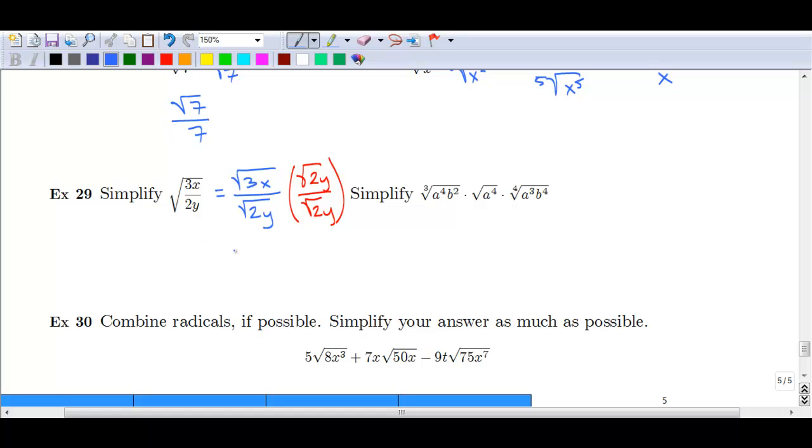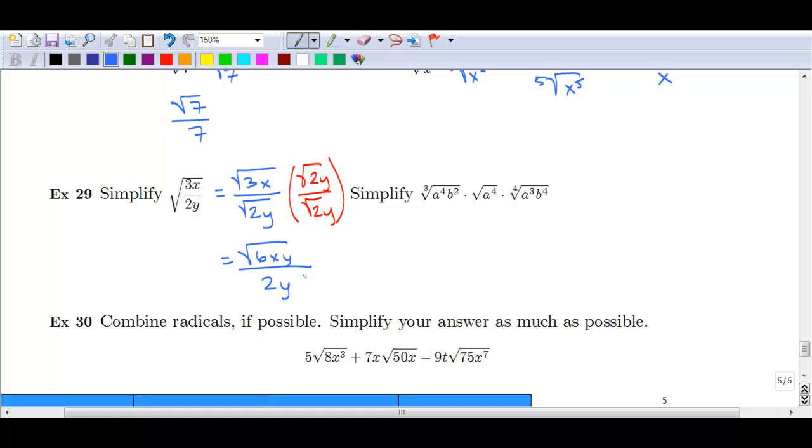So we have 3 times 2 is 6, so we have the square root of 6xy over the square root of 2y times the square root of 2y just gives us 2y in the denominator. So our numerator in this case is the square root of 6xy. Denominator is a non-radical function, 2y.